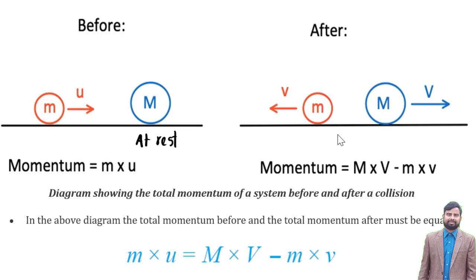So total momentum after collision will be capital M into capital V minus small m into small v. In the above diagram, the total momentum before and the total momentum after must be equal. That's why small m into small u is equal to capital M into capital V minus small m into small v.